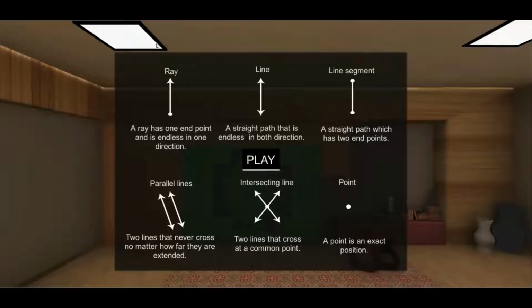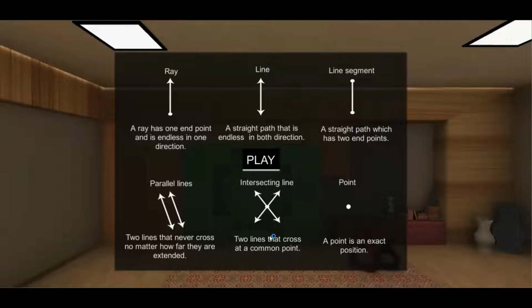Okay, let's recall first. What is a ray? A ray has one endpoint and it's endless in one direction. A line, a straight path that is endless in both directions. A line segment, a straight path which has 2 endpoints. Parallel lines, 2 lines that never cross no matter how far they are extended.